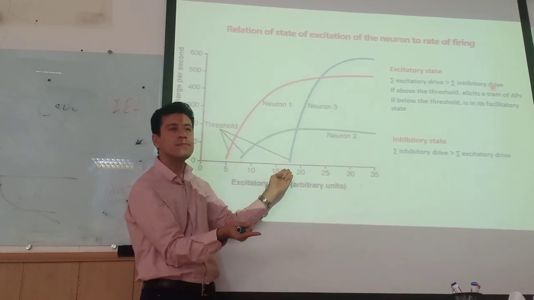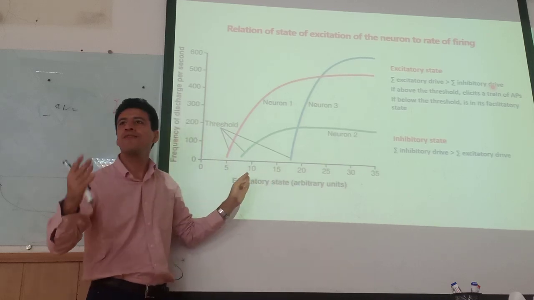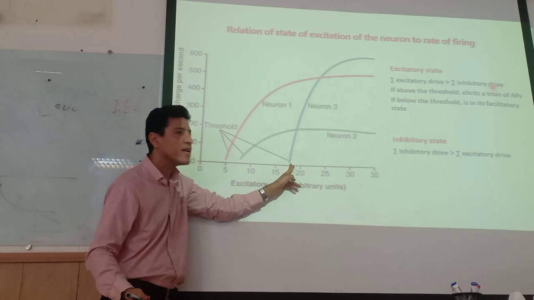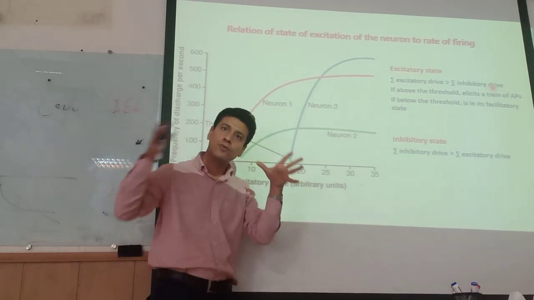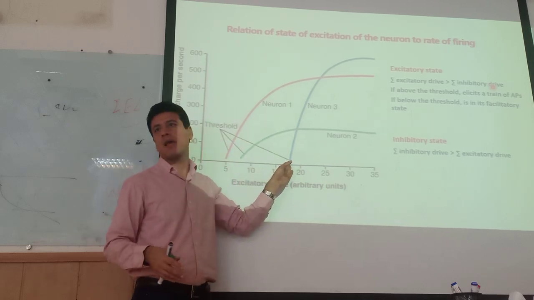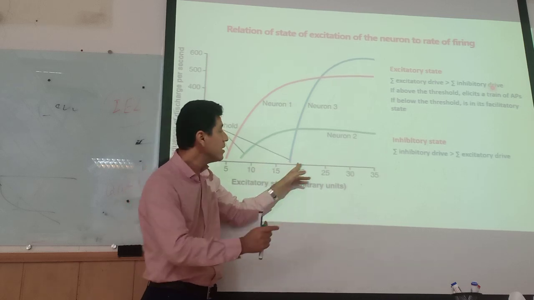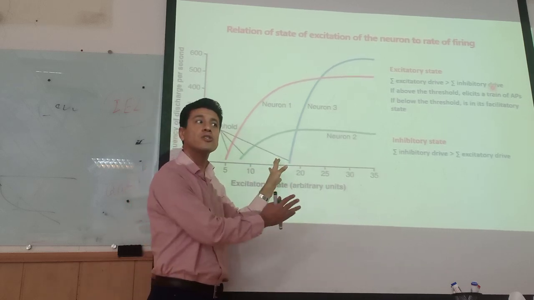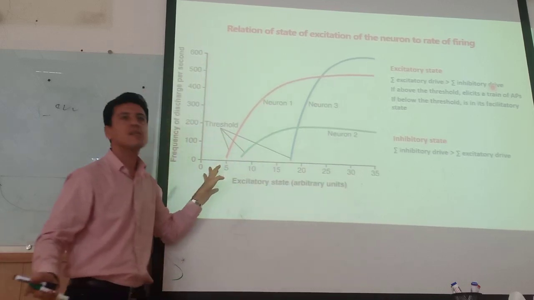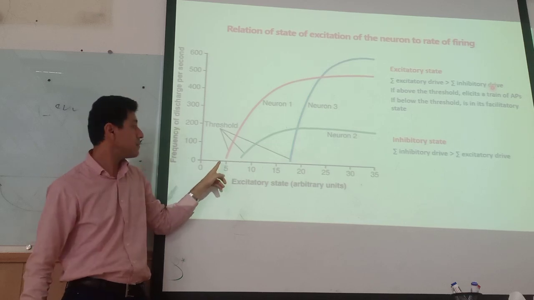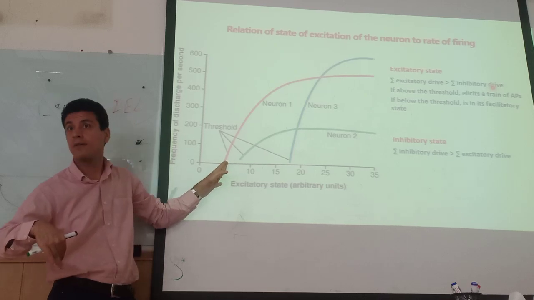And we have a third neuron. This neuron cannot be activated easily because the threshold is very high. So we need a lot of excitatory drive to activate the cell. But if the cell is activated, with only a little increase in the excitatory drive, the frequency of action potentials will be very high. So which of these neurons is more sensitive? The first one, because it has the lowest threshold.